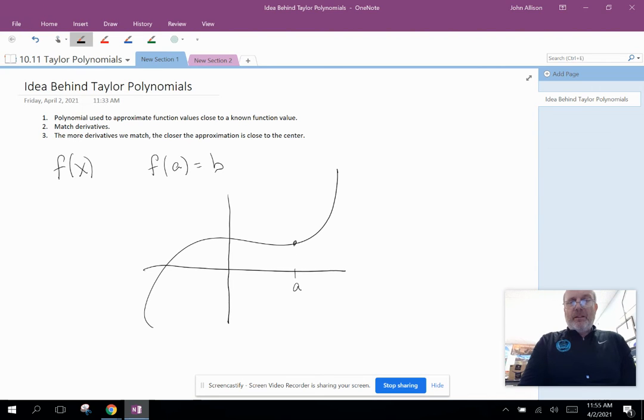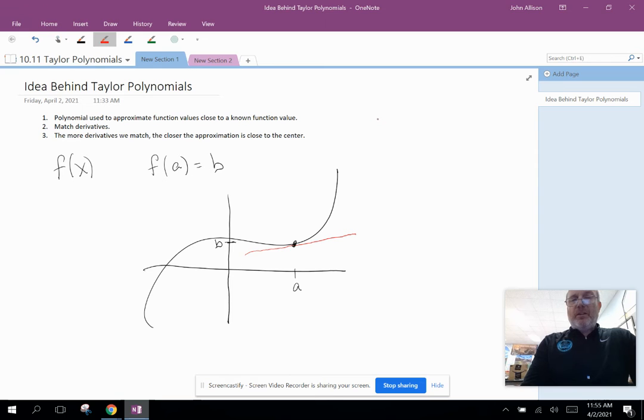If we know that f of a equals b, and we want a tangent line approximation to that, remember that we find the equation of the tangent line.